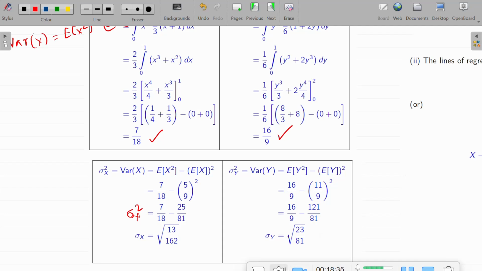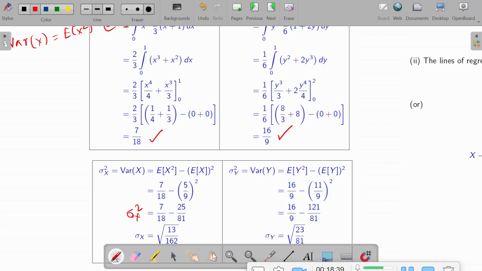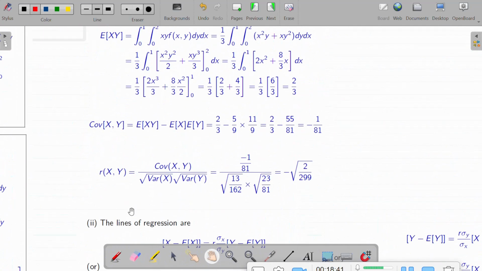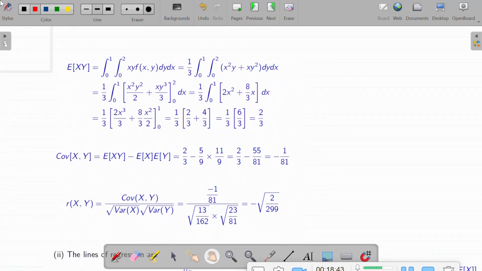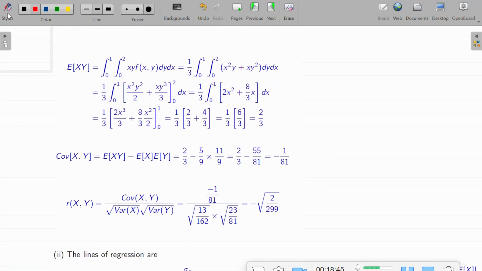So the question here is you have to find your correlation coefficient and also the regression equation. Right. So now let me go for finding the correlation coefficient. To go for the correlation coefficient, there are two ways. One is finding your regression equations, like x on y and y on x, or else we know the direct formula using expectation: expectation of xy minus expectation of x into expectation of y.